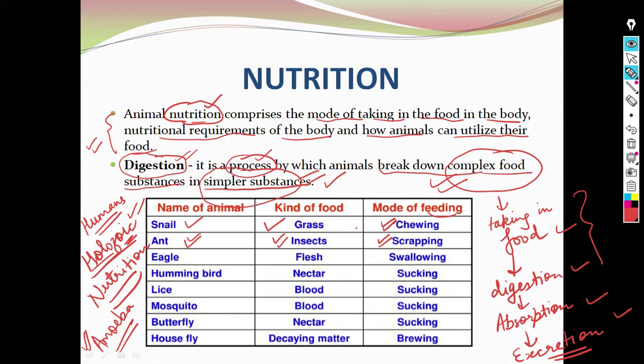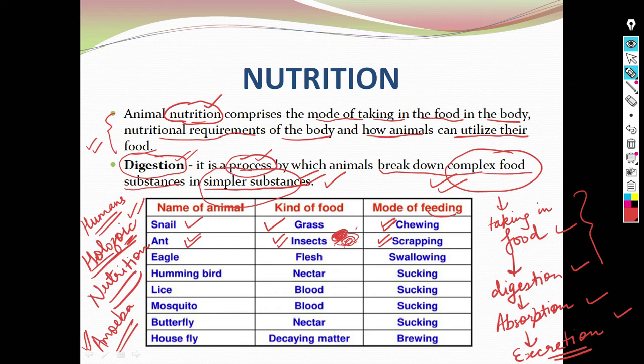In the same way, ants eat insects or dead insects. They scrape the outer covering, which is hard, and then they eat the softer portion of the insect, because you know that some insects have an outer exoskeleton.